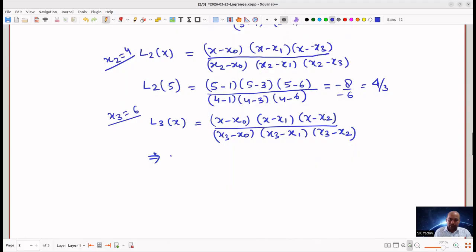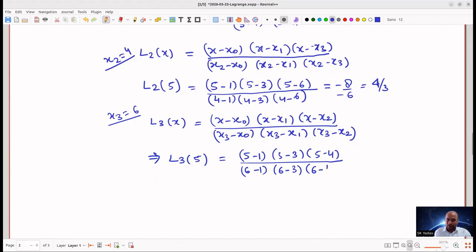So this implies L3 at 5 will give you 5 minus 1, 5 minus 3, then I have 5 minus 4, and here I have 6 minus 1, 6 minus x1, that is 3, and 6 minus x2, which is 4.